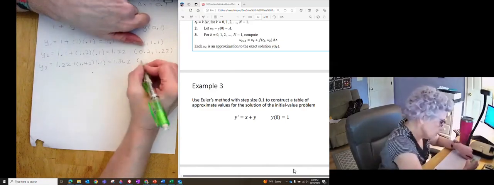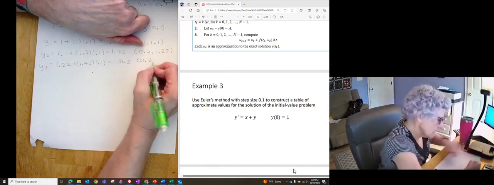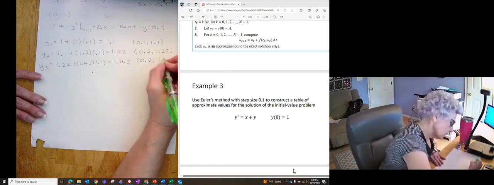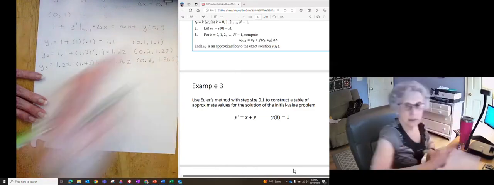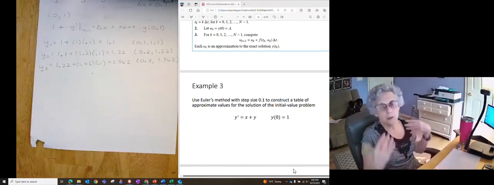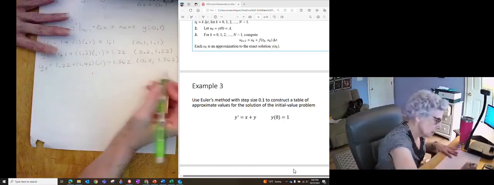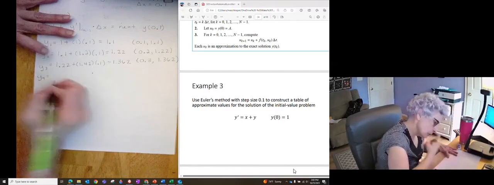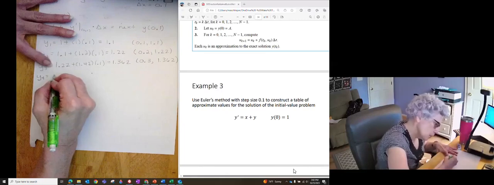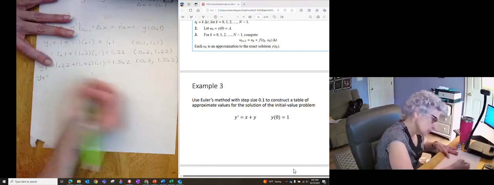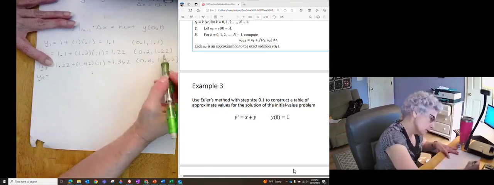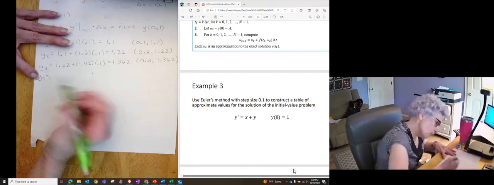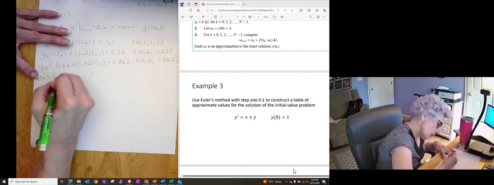So this is my new point. X is 0.3, y is 1.362. And we can keep going. I said I was going to go until I got to 0.5. So y4 is equal to my next point. y1, y2, y3. This is y4 that we're calculating now.